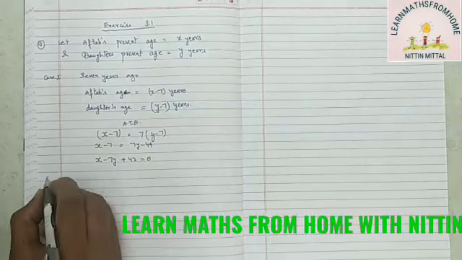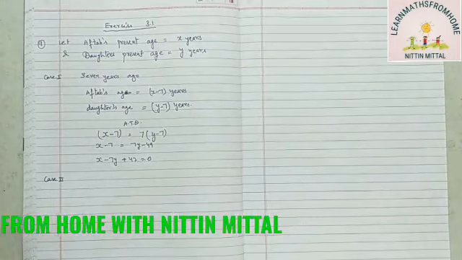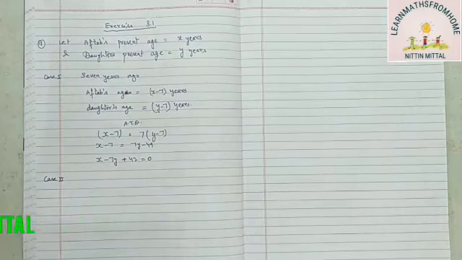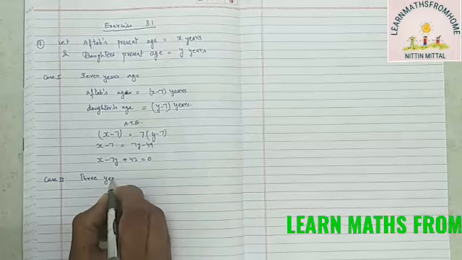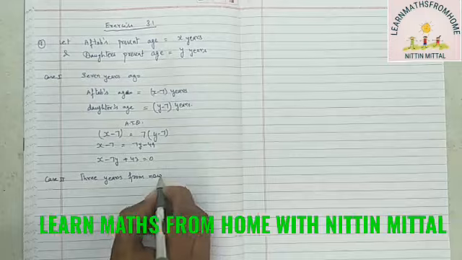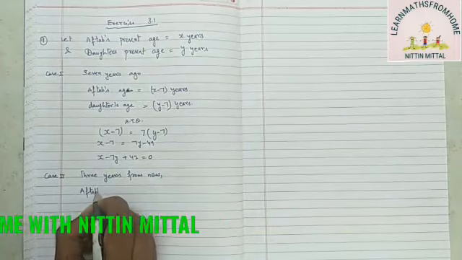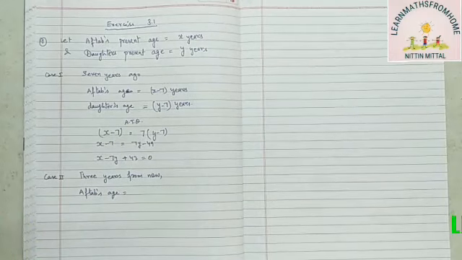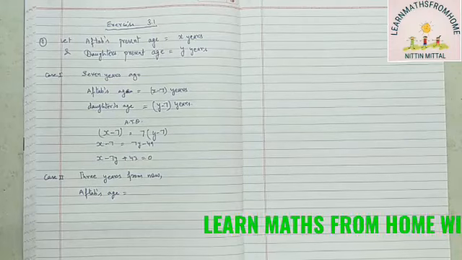Now in case 2, let me see where we have to go, in past or future. They are saying 3 years from now. So Aftab's age will be, again we have to move from present age to future age, right?